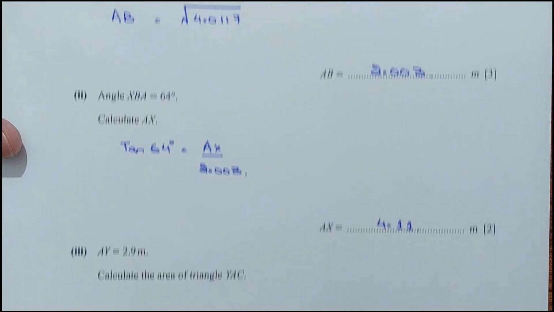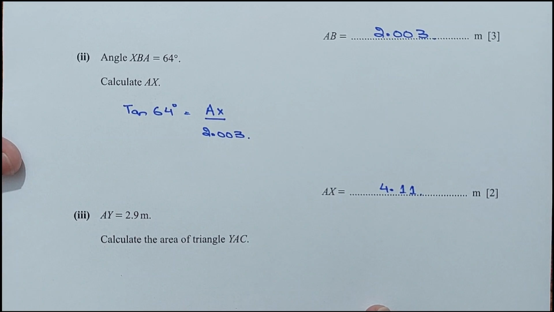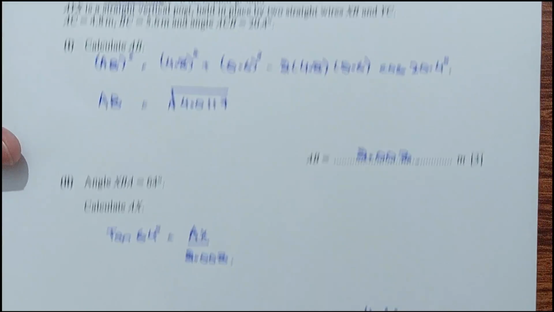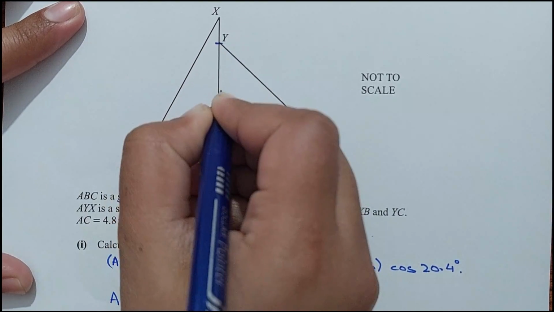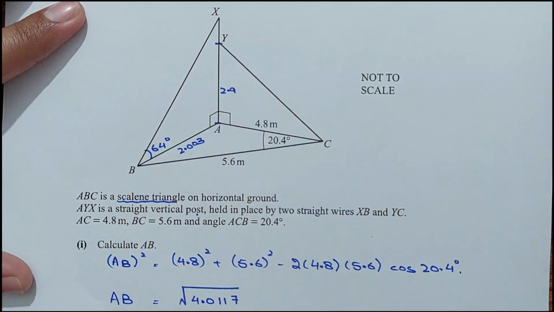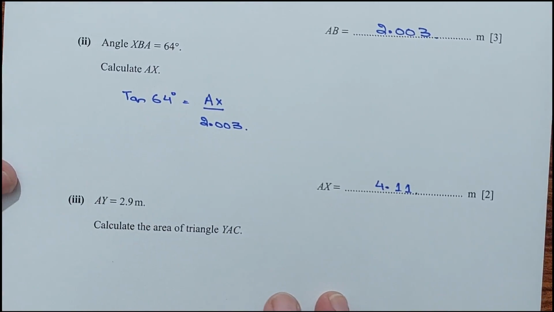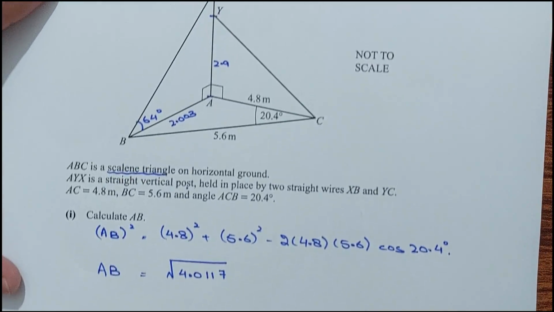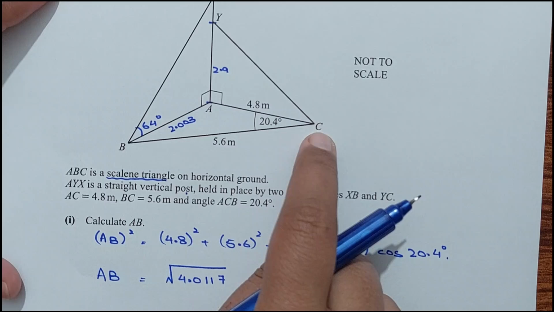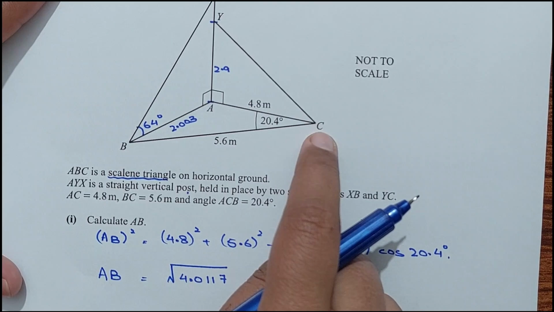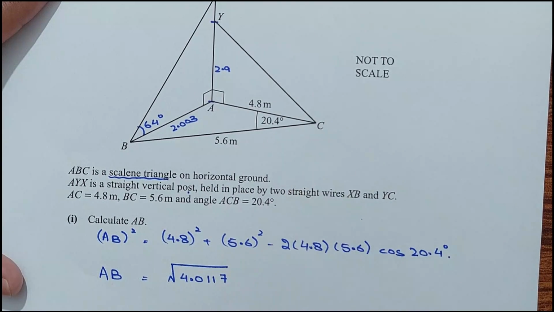meters. Now for part 3, AY is 2.9 meters. A to Y, this length is 2.9 meters, right? Calculate the area of triangle YAC. Y, A, and C. We have to find the area of a triangle. It's a right angle triangle again, which is half base times height.